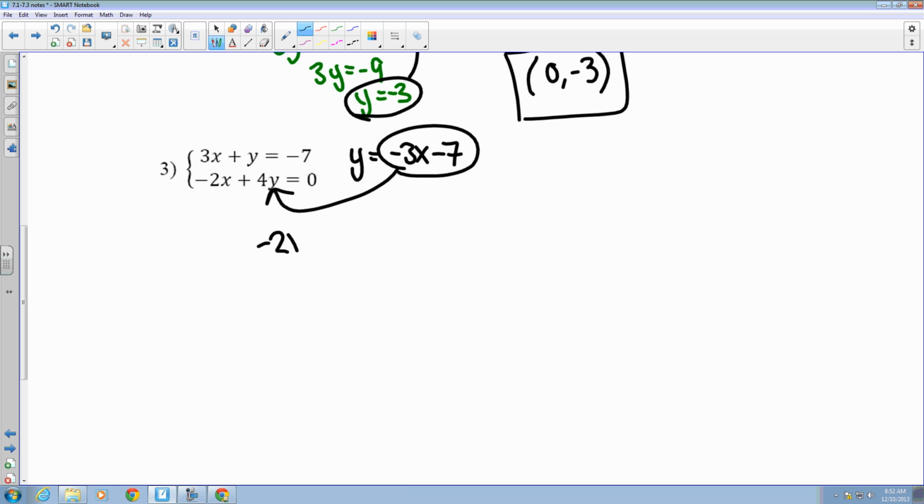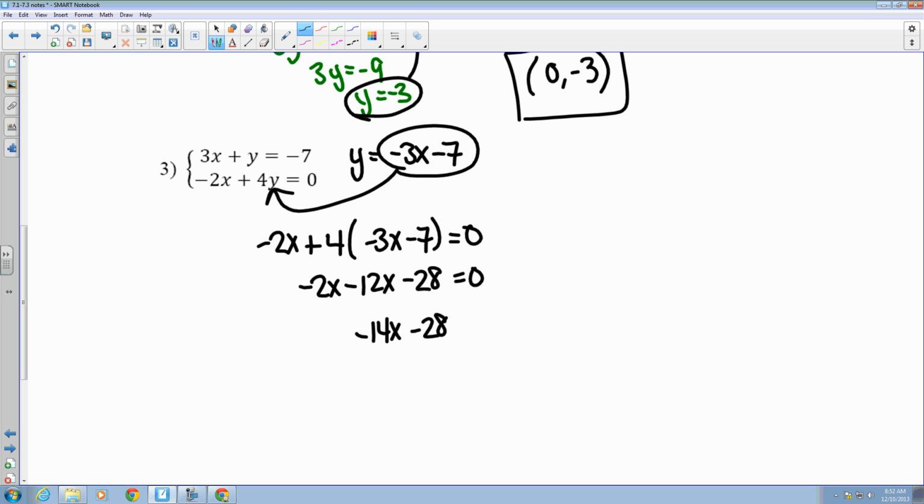This is where the distributing, you have to be really careful. I am going fairly fast, but you can pause at any time to relook at something that I'm doing.